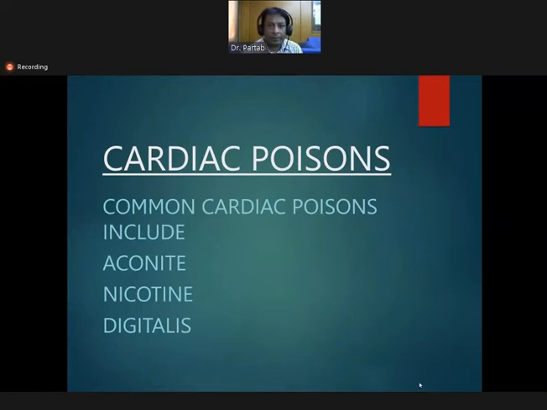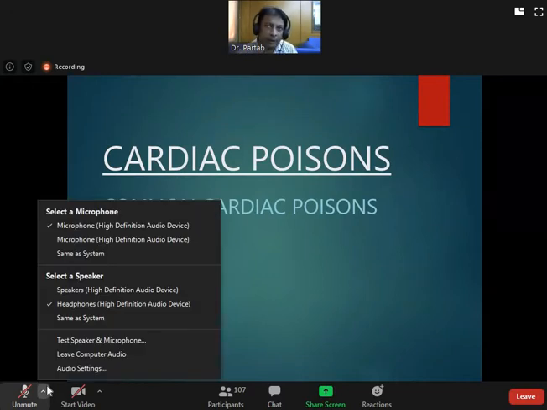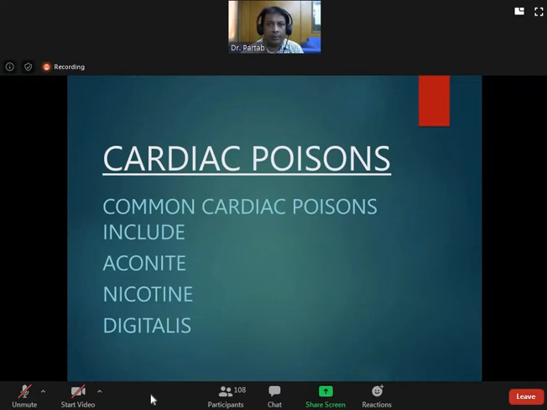So we are starting today's class, the cardiac poisons. There are different types of cardiac poisons. I mean the medicines which affect the cardiac muscle in toxic doses. In toxic doses, these medicines act as a poison, like digitalis, digitoxin, and other related medicines.